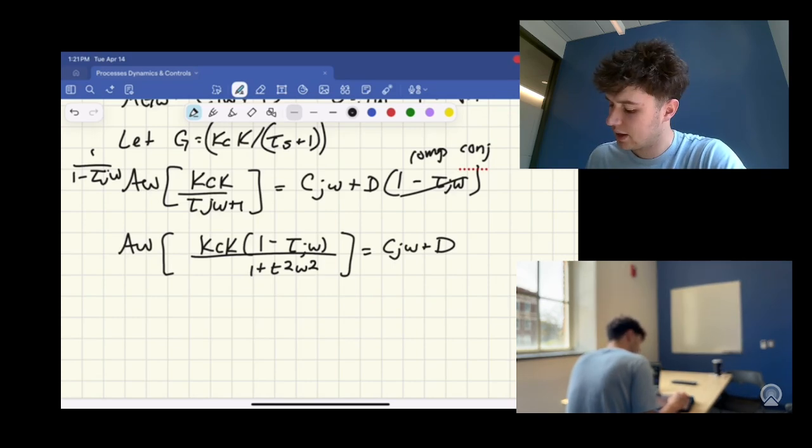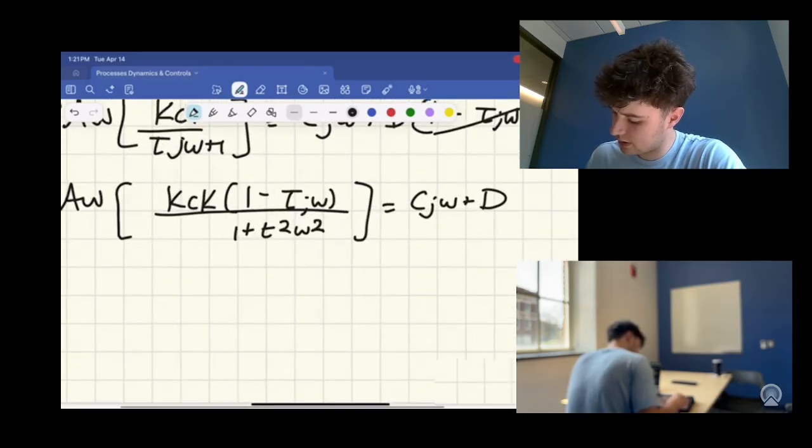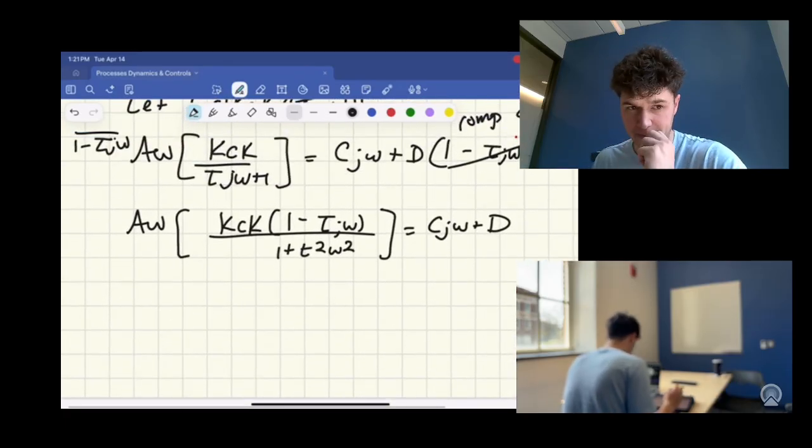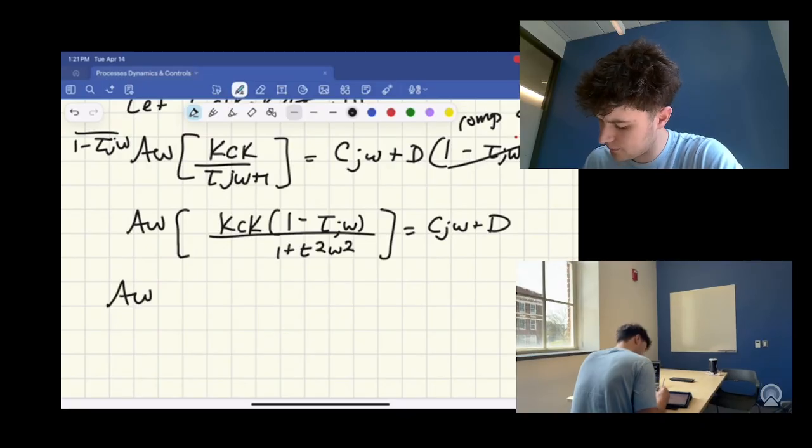And then again, you can separate this into Aω times K_c K over 1 plus τ squared ω squared.